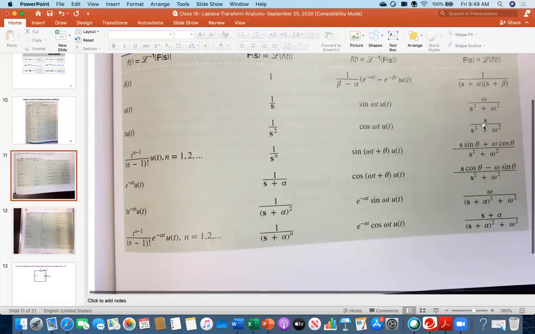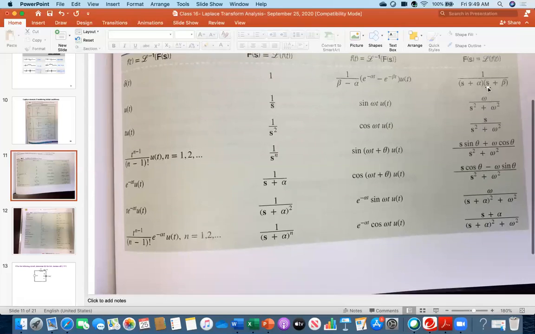What I am saying is that, for example, your result could be in any of these formats. Definitely, it will match either of the formats. Then by looking at the pattern, you may need to do 1 or 2 more lines, and then you can figure out, okay, this will be the time domain function.